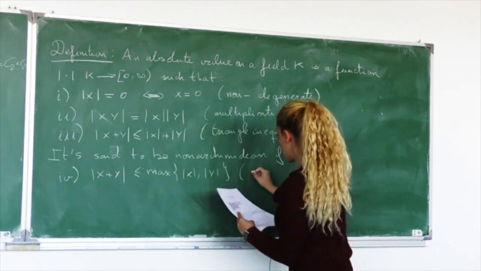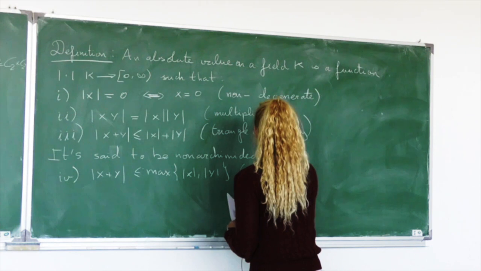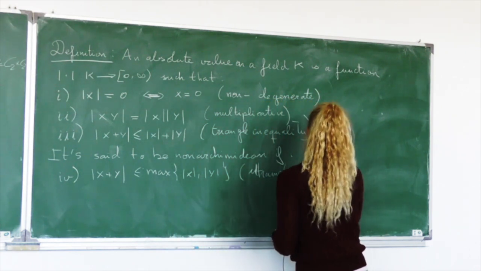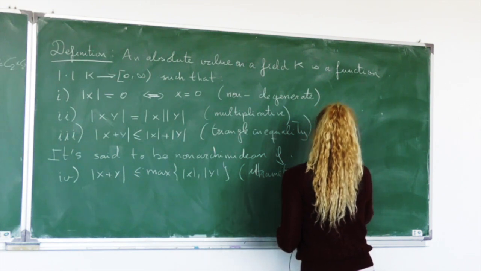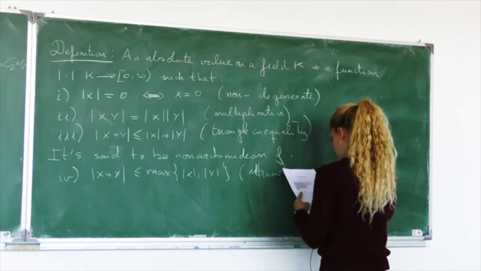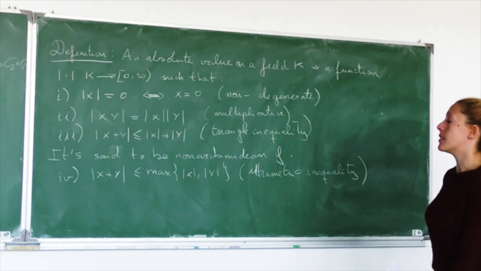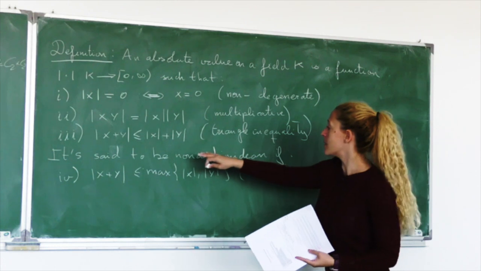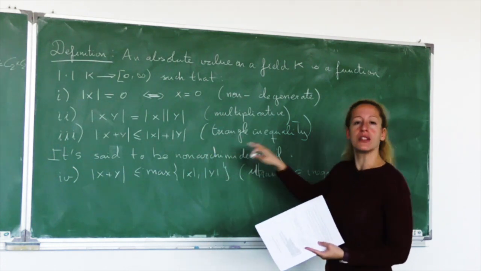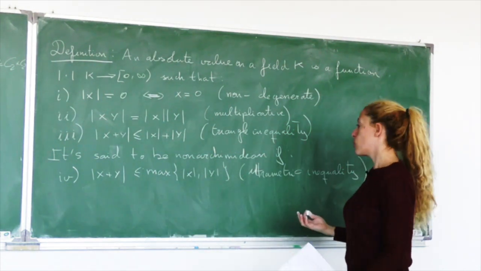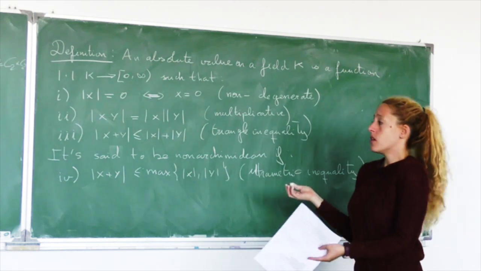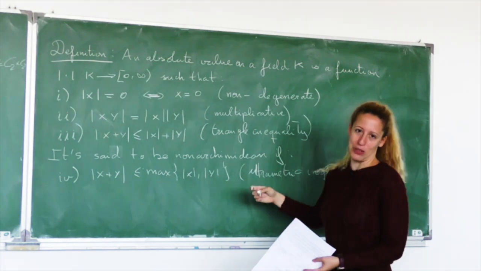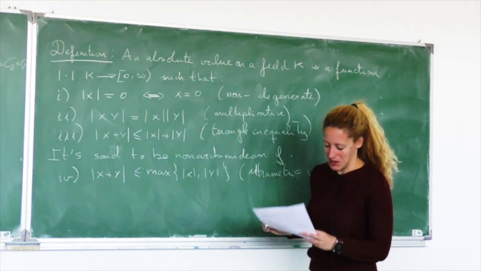So this property is called the ultrametric inequality. And in case it is satisfied, we say that the absolute value is a non-Archimedean absolute value. When this condition is not satisfied, then we say that the absolute value is an Archimedean absolute value. So we remove the non-Archimedean.